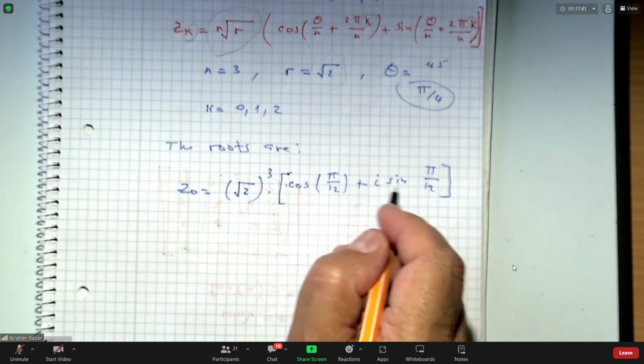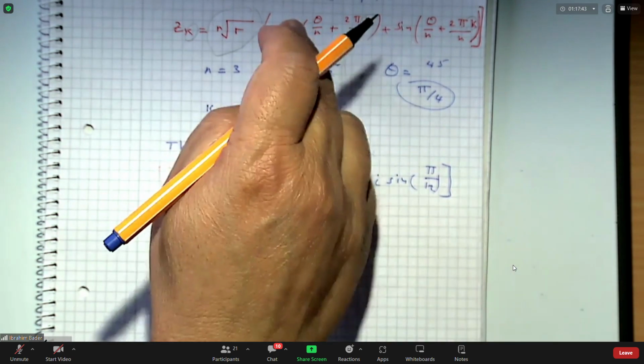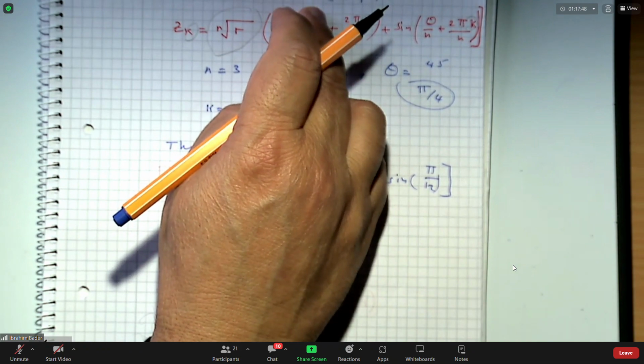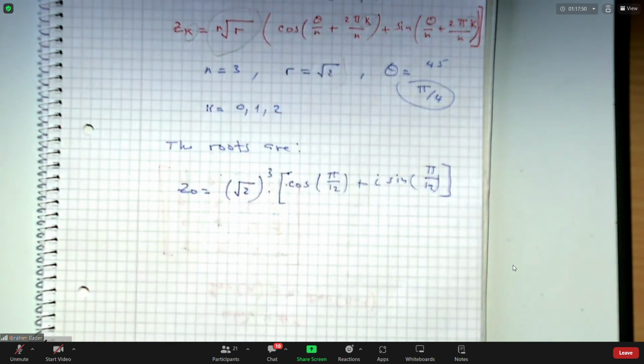This pi over 12 is just, if I evaluate here, plugging in theta equals pi over 4 over 3, if you simplify it, it's pi over 12.